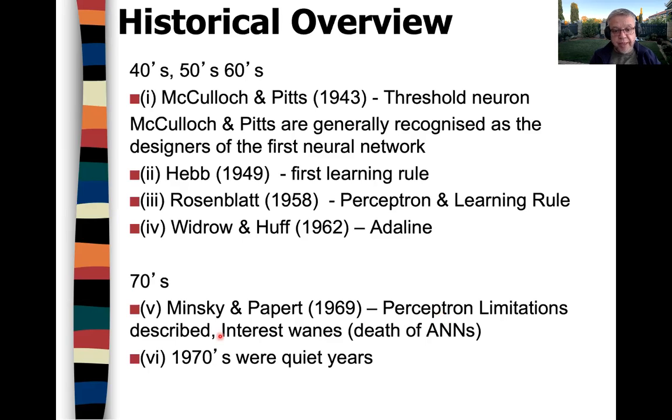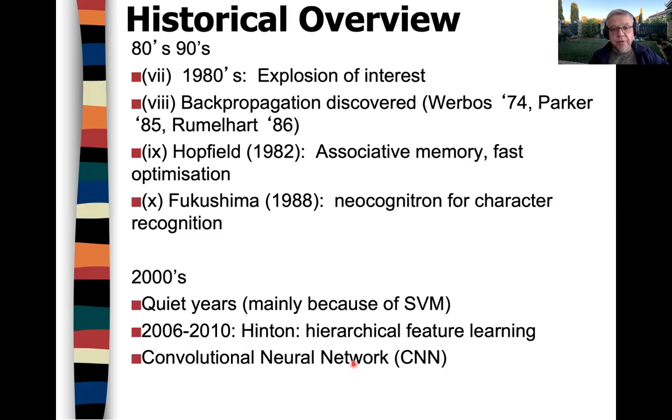It works for AND and OR, but it is not able to learn decision boundaries for the case of the XOR. So it's not always able to classify; it has limitations. From there, the interest waned, and then there was kind of the death of artificial neural networks. So the rest of the 70s were quiet years.